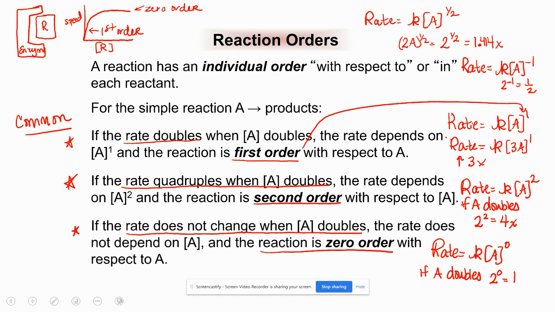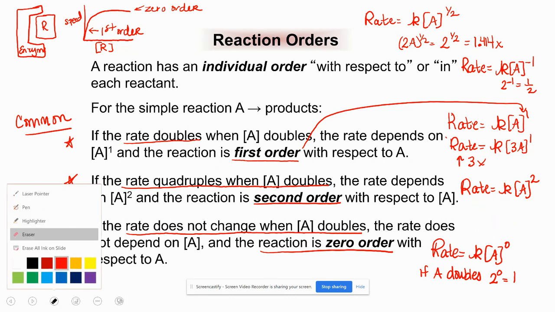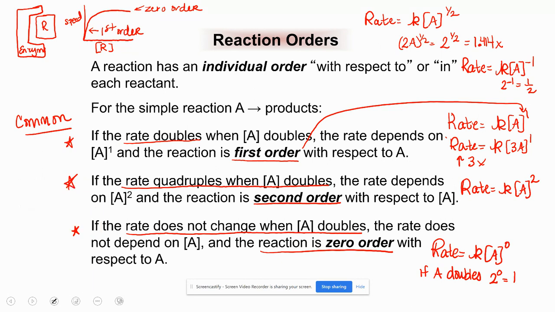Okay. If the reaction is second order and we triple A, what do you think happens to the rate? The reaction will increase in speed by 3 squared, which is 9. So just make sure you're understanding that they're exponents.